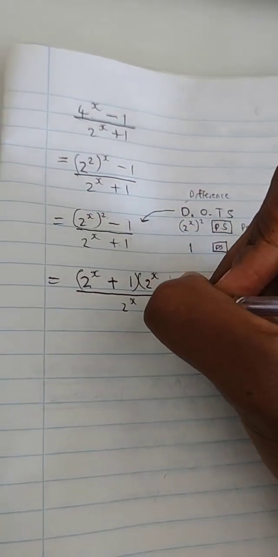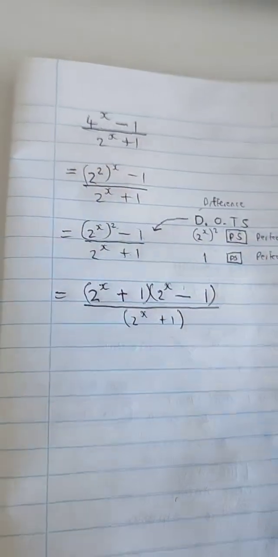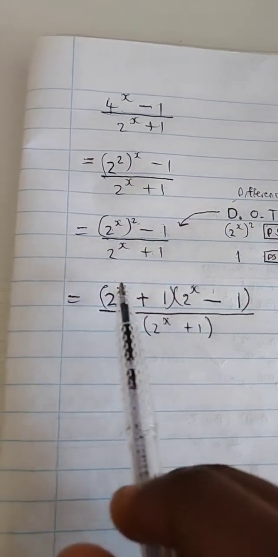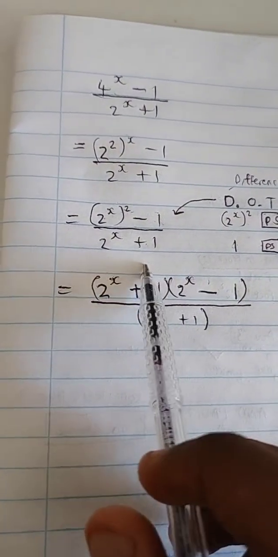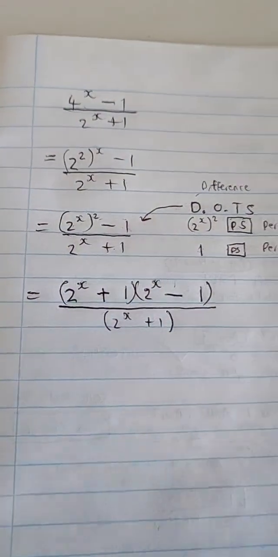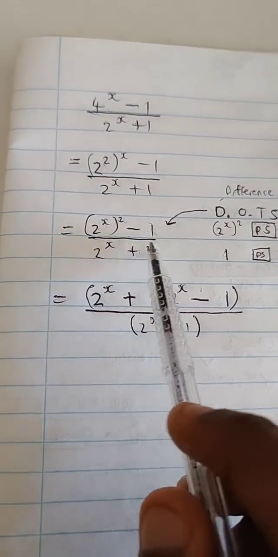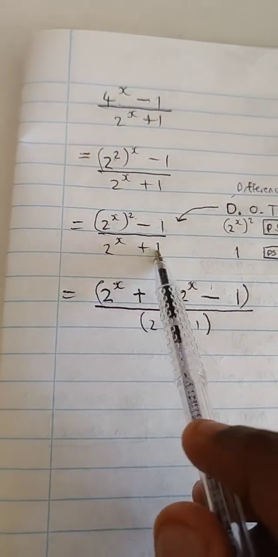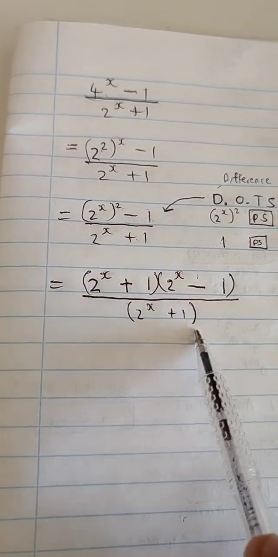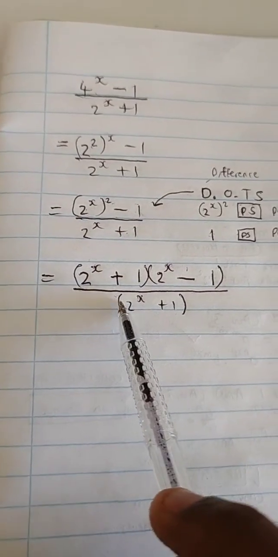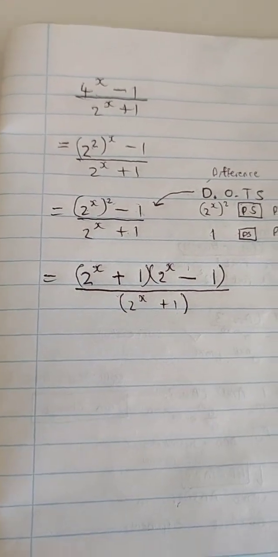Now I'm going to put that in brackets because I can clearly see that there is a 2 to the power x plus 1. In the numerator, what do I have now? Initially I had 2 terms, but now I have 1 term. In the denominator, I have 2 terms, but when I put the bracket around my 2 to the power x plus 1, that makes it 1 term.